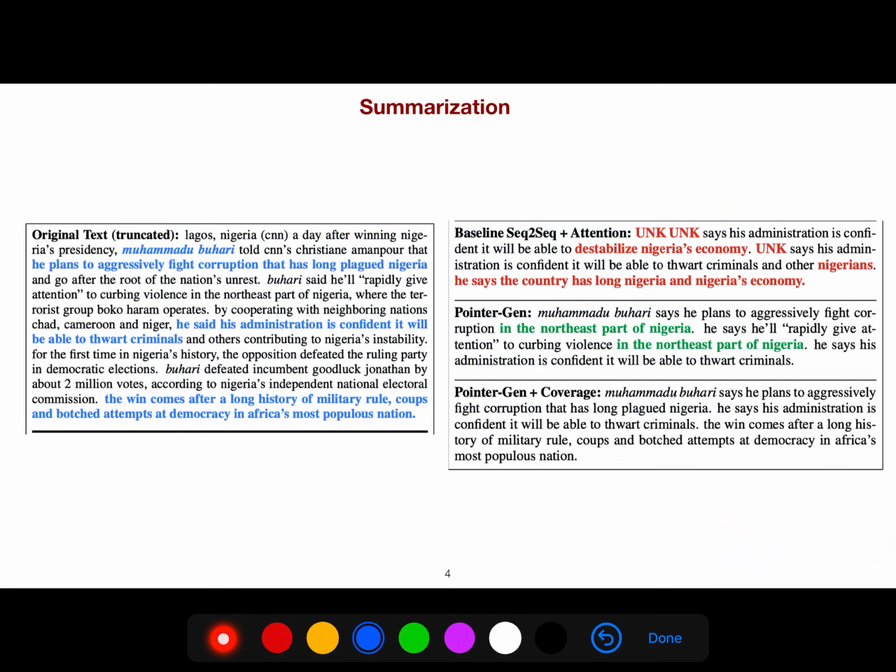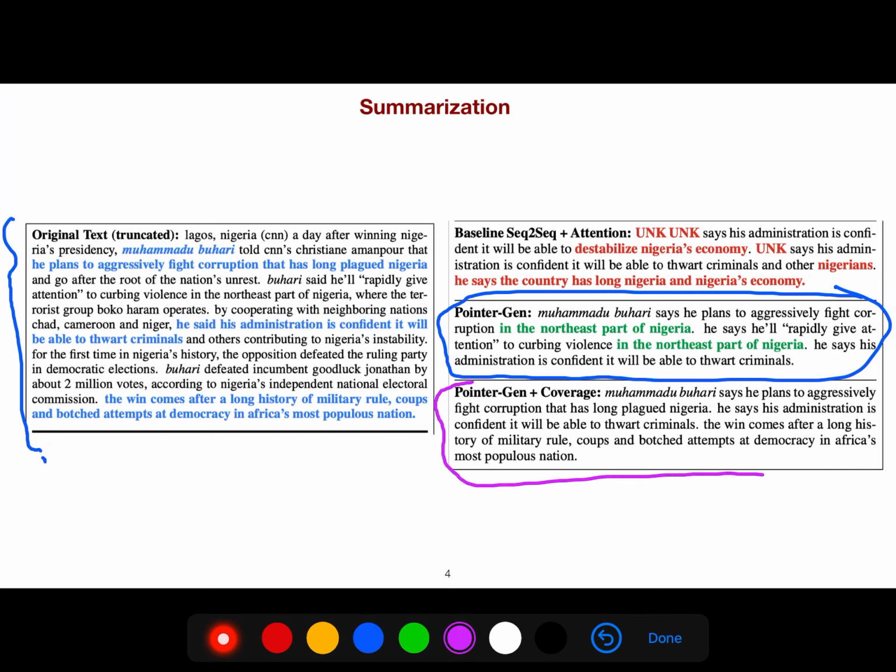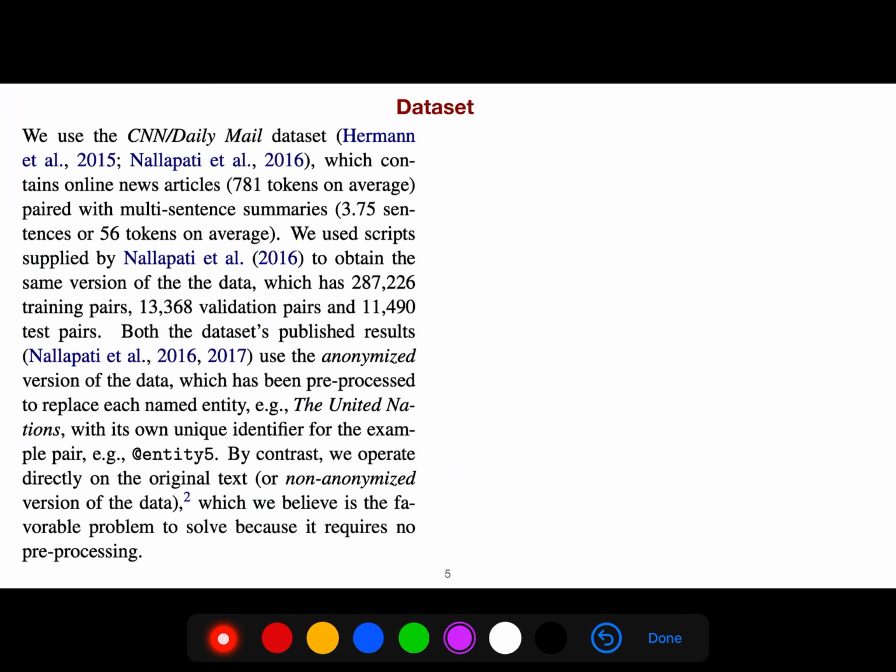And so we have some text. This is summarization. We have some text, and we want to summarize it. Well, the pointer generator network summarizes in this paragraph. But with pointer generator with coverage, if you read this paragraph, you will notice that it's a slight improvement over the previous version.